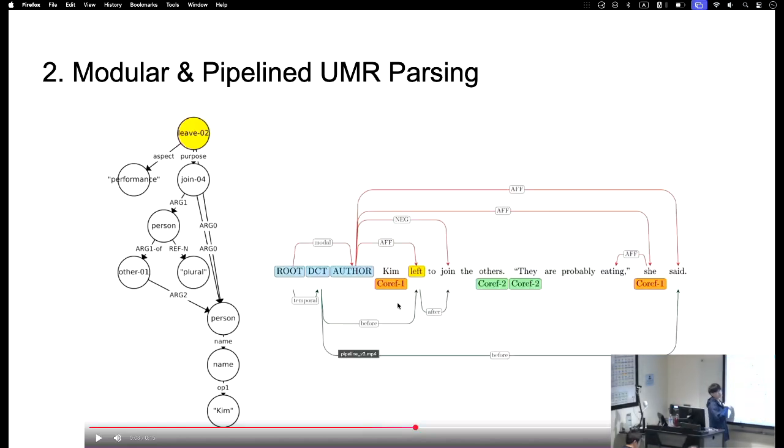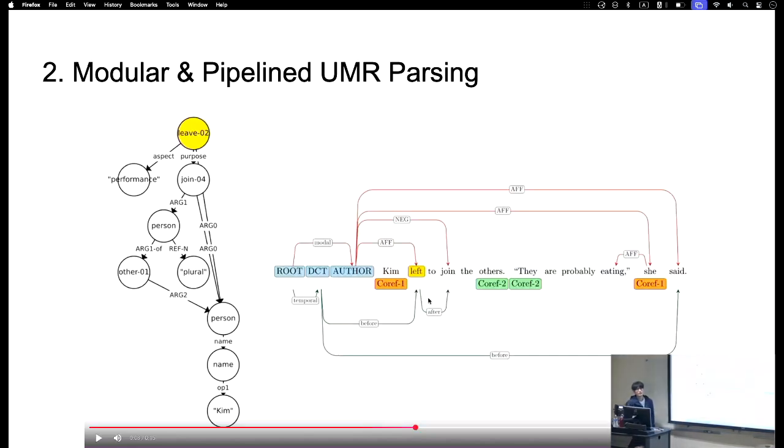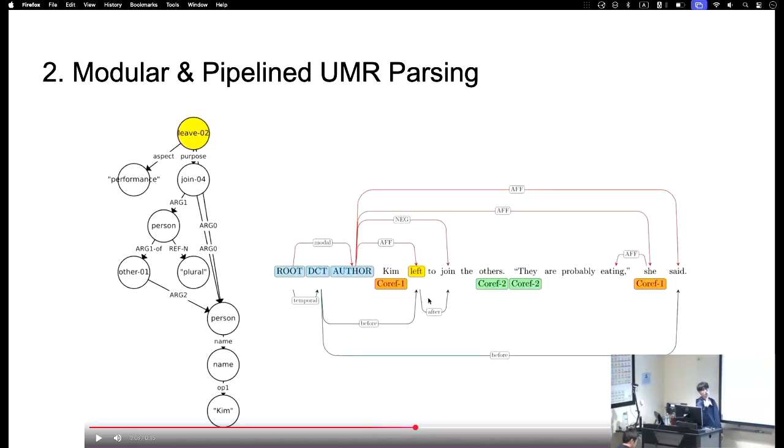So we actually don't know that for the leave-02 at the very top, the root predicate, the original source for that concept is left. Although we know as annotators, if we were to analyze the text ourselves, the machine doesn't know that. So we actually need to introduce some alignment.